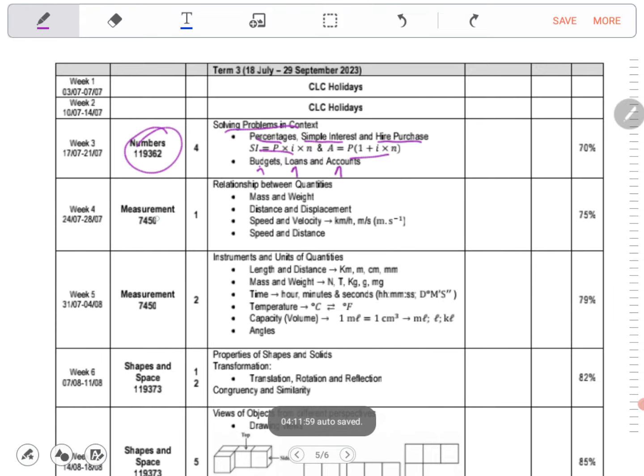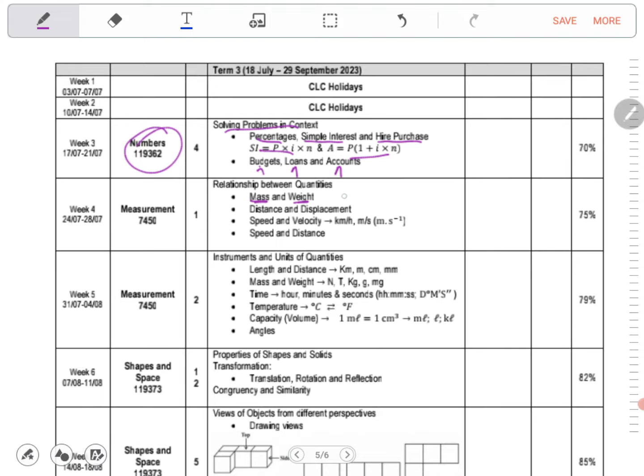And then, going into measurement again, we have to deal with the relationships between quantities. We have to check the relationship between mass and weight. Sometimes we normally deal with them as if they are the same thing. Nobody asks you how much is your mass, but they will ask you how much you weigh, as if these are the same thing, but they are not.